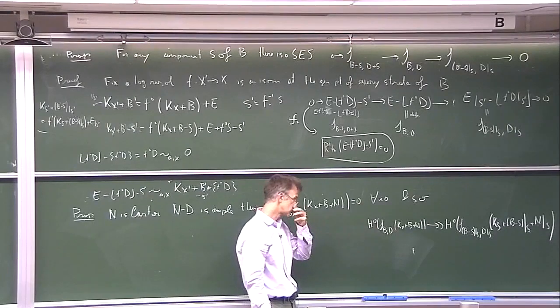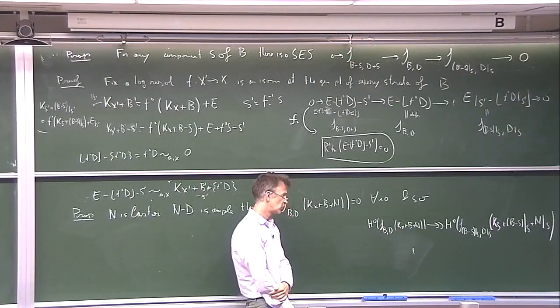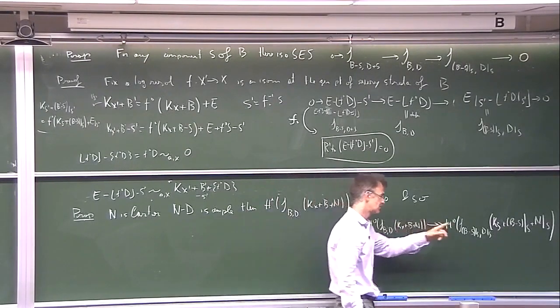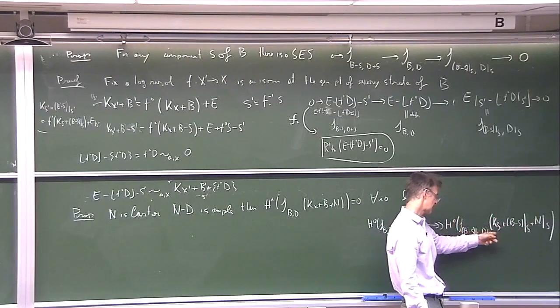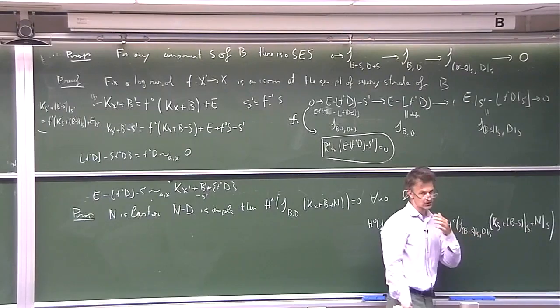So what that tells you is it's not giving you a way to extend all sections from a divisor to the ambient variety, but you can extend those sections that vanish along this ideal.